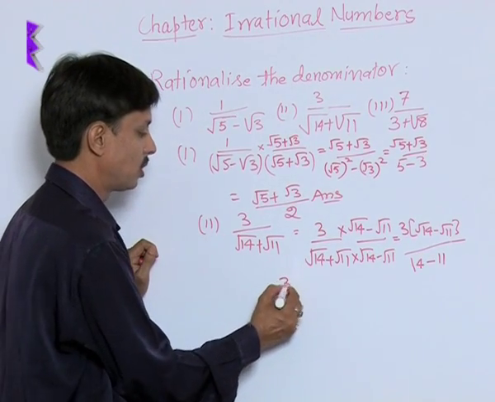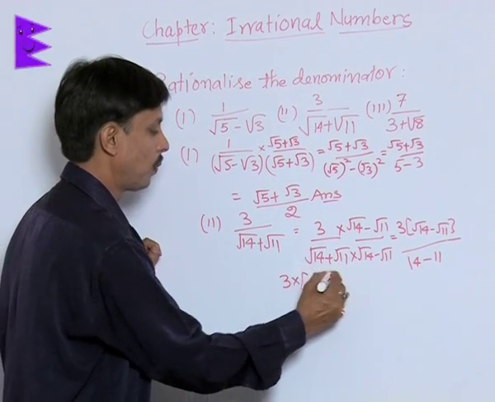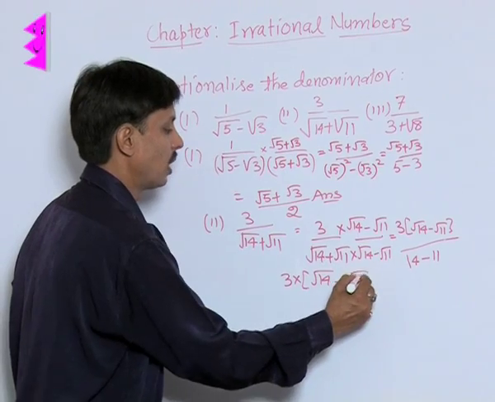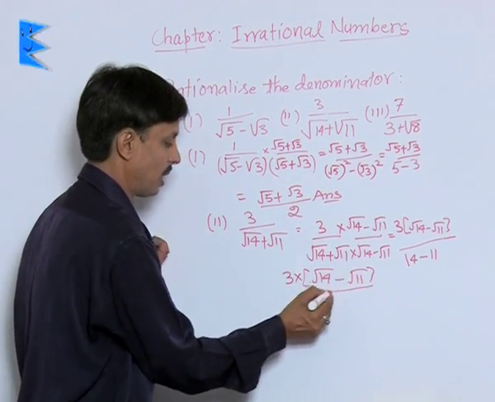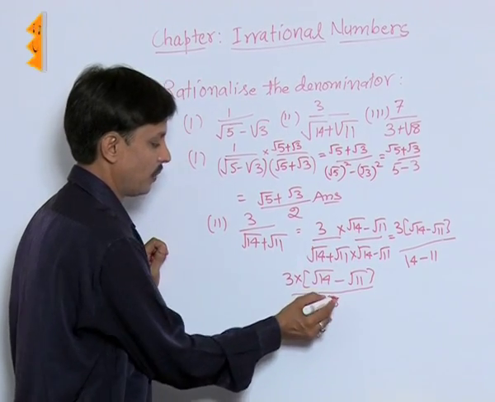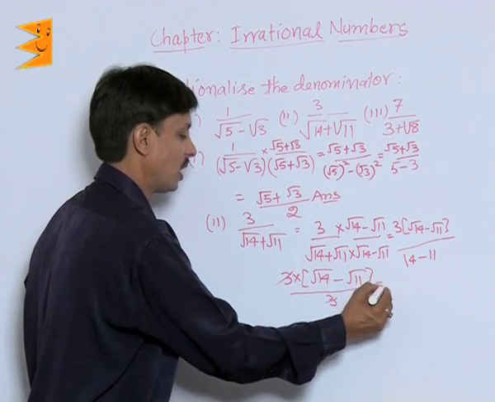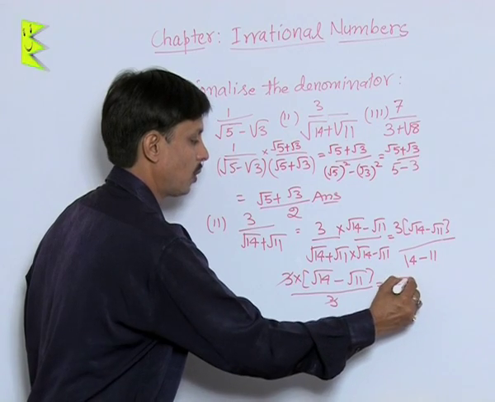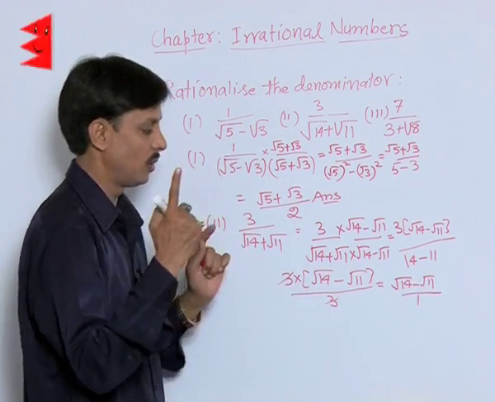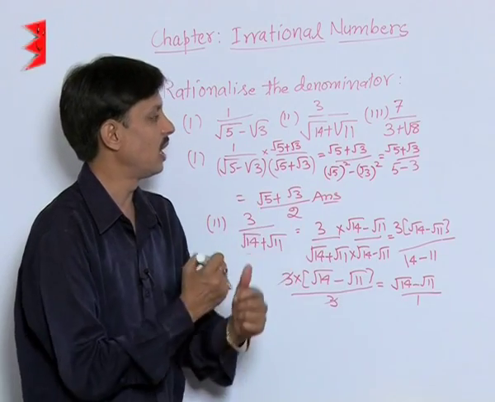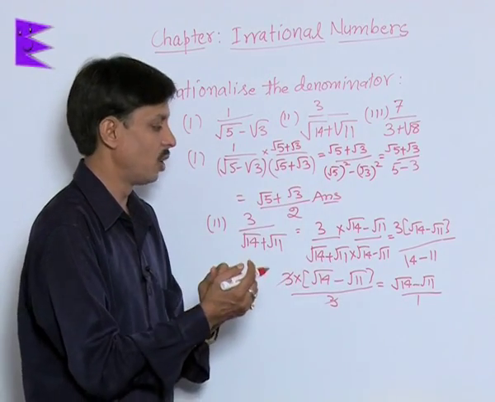So the answer is 3 into root 14 minus root 11 upon 14 minus 11, which is 3. The 3 and 3 cancel, and we get root 14 minus root 11 upon 1. So this is the second example of rationalizing the denominator.